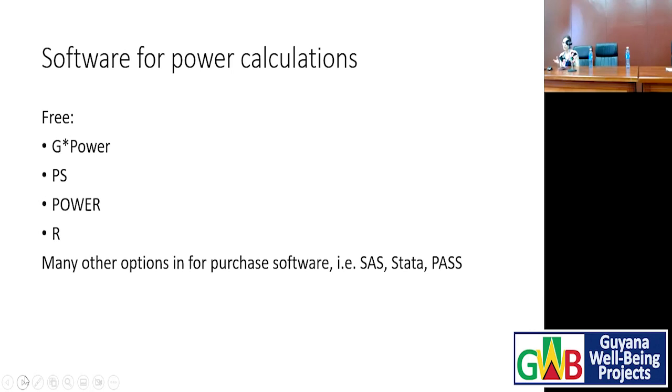The program R, which is free, has many different functions, and new packages are written all of the time. And then there are also options available in software that you have to purchase or have an annual license for, such as SAS, Stata, and PASS, which is a specific sample size program.